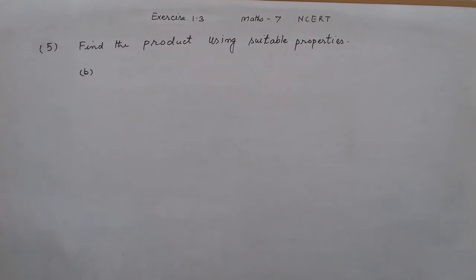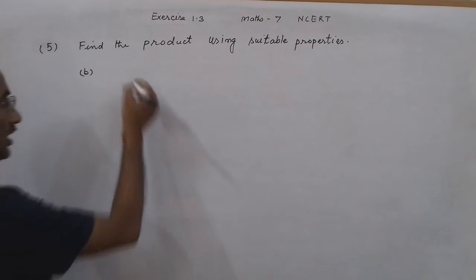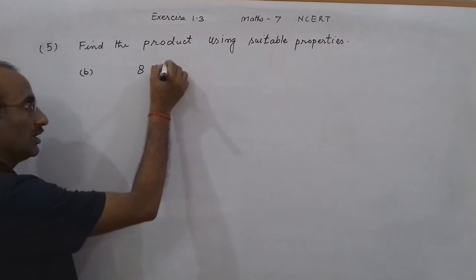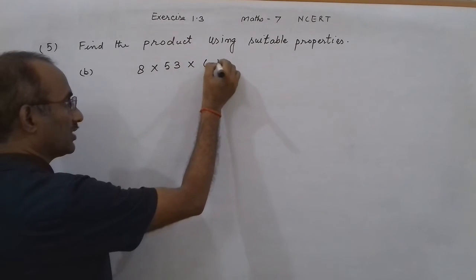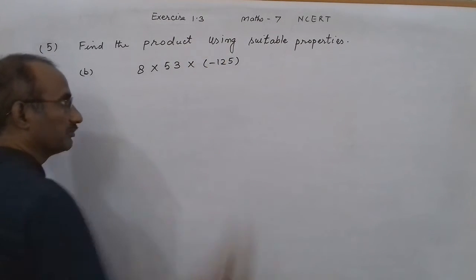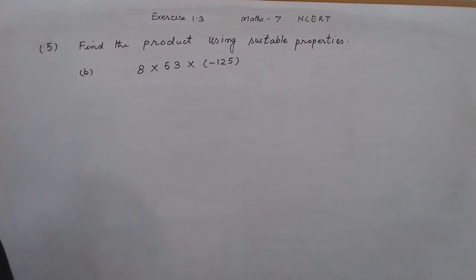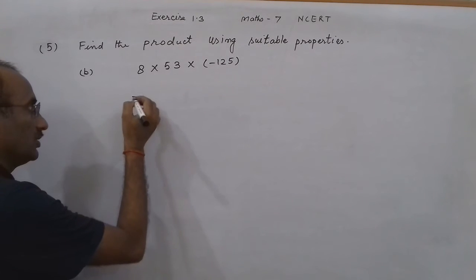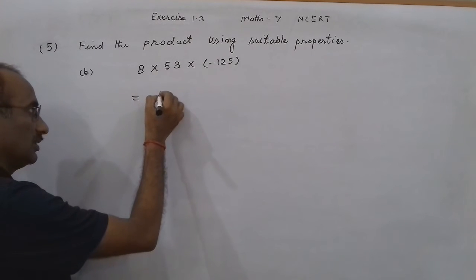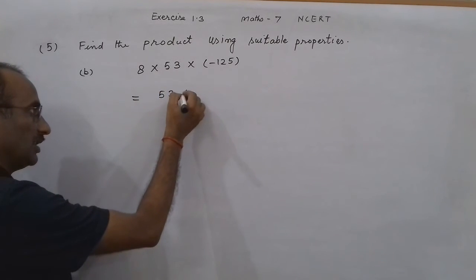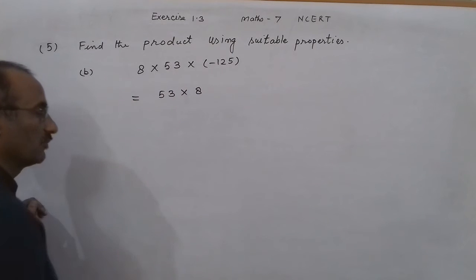Here we have 8 multiplied with 53 multiplied with minus 125. First of all, we use here commutative property. So 8 into 53 can be written as 53 into 8.